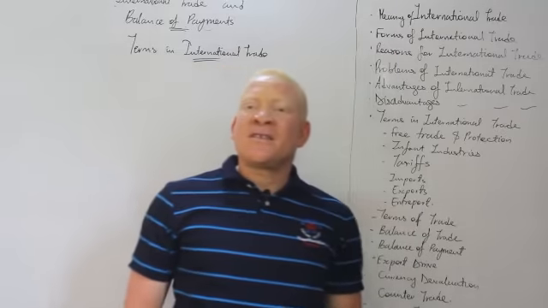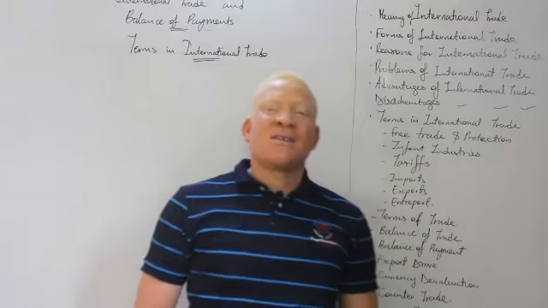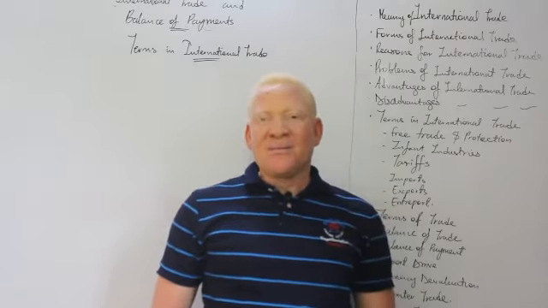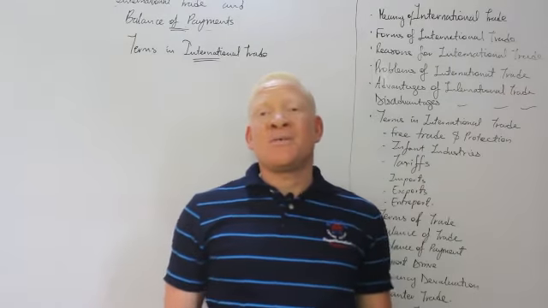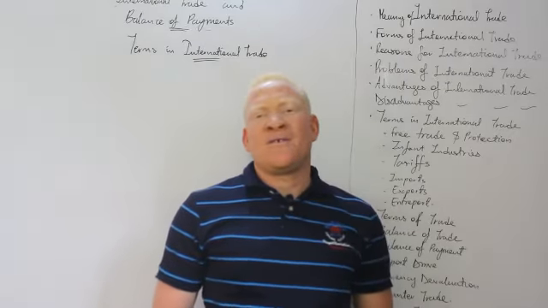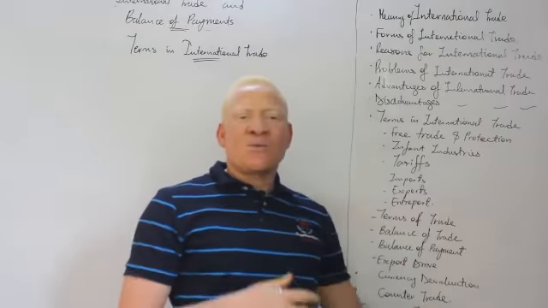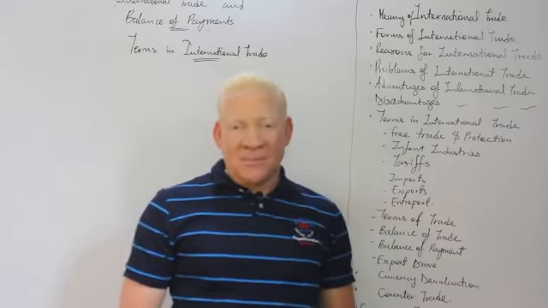Also, to prevent the importation of harmful or dangerous products into a country, the protectionist laws are established. Thirdly, protectionist laws can also be established to limit imports or to limit exports. And number 4 is that trade protection can be used to raise government revenue.